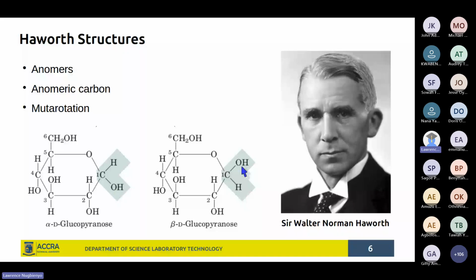And I mentioned the fact that when you take the straight chain structures that we were looking at before and you refer to the stereoisomers, we saw stereoisomers that were not mirror images of each other. Those we refer to as diastereomers. And we also saw structures that were mirror images of each other.